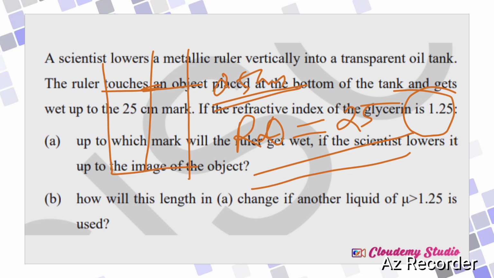So we need to find, it is given that the real depth is 25 centimeter and the refractive index of the glycerin is 1.25. So we need to find the apparent position, or rather the apparent depth inside the beaker. So let's try solving it. We already know that refractive index mu is equal to real depth divided by apparent depth.